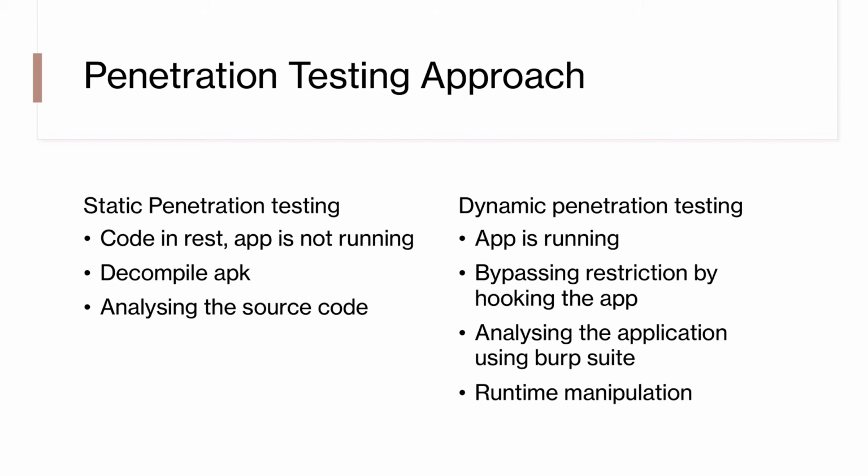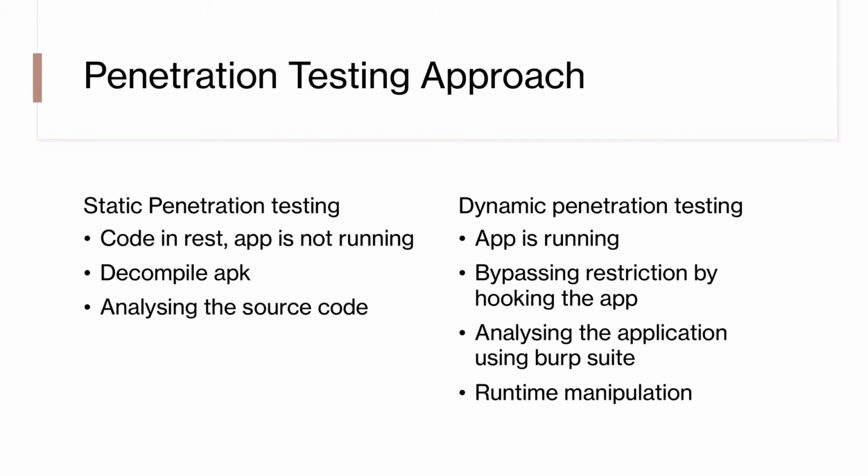So we know there are two testing approaches. One is static pen testing and the other is dynamic. Static pen testing is when we do pen testing while the code is not running. We have only the APK, we are not installing it or running it inside the mobile device, and we are doing source code analysis on just the APK file.